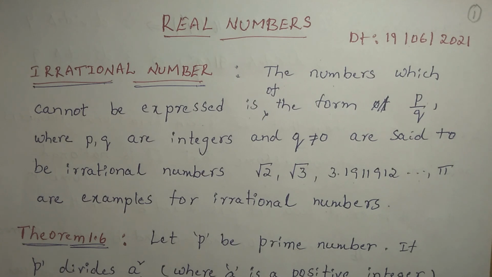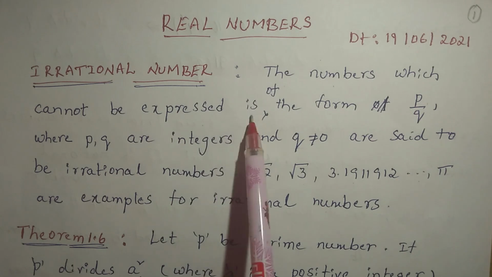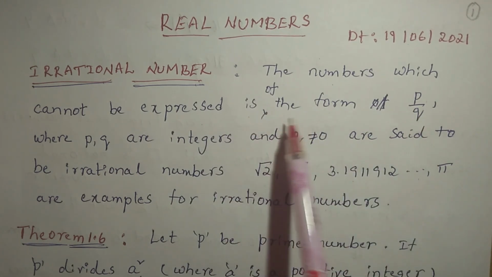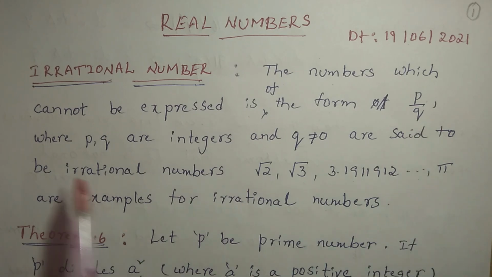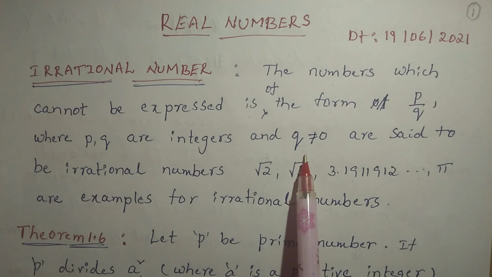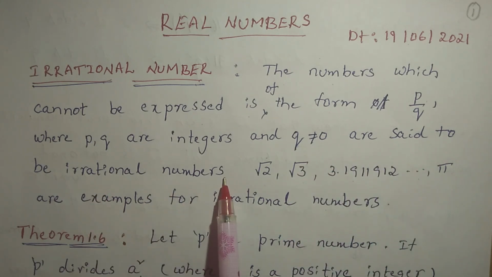Before we start the concept, let us recall what type of real numbers are called irrational numbers. In our previous class we learned what irrational numbers are. The numbers which cannot be expressed in the form p by q, where p, q are integers and q is not equal to 0, are said to be irrational numbers.